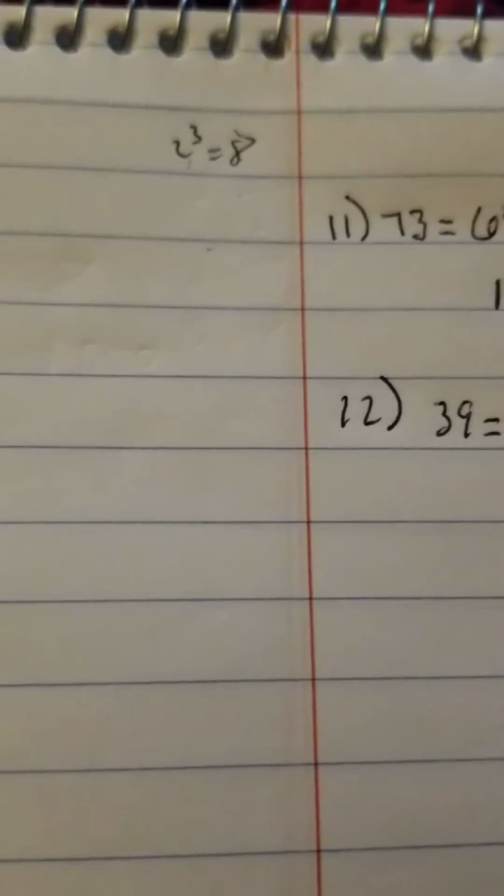12. Okay, 39. So we would have to go to the power of, let's see, 2 to the power of 5 would be 32.